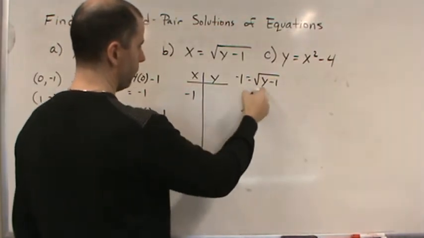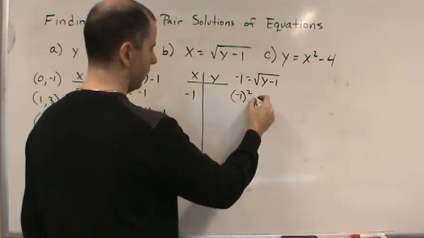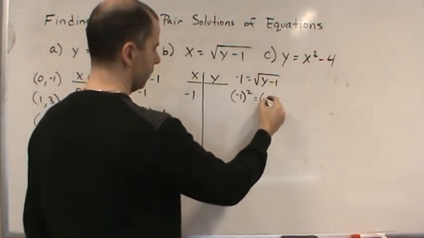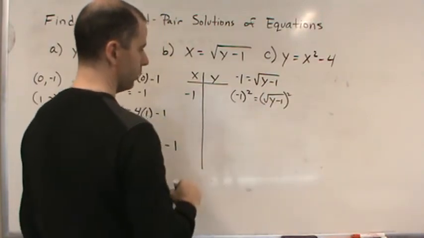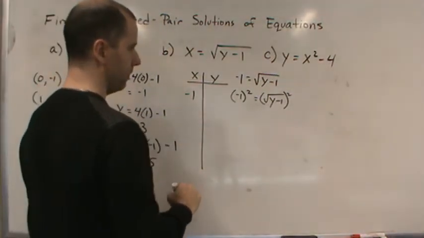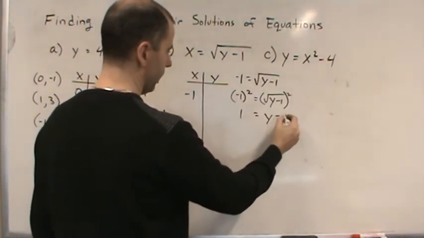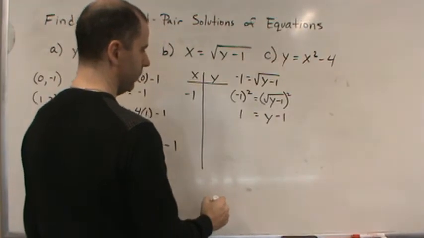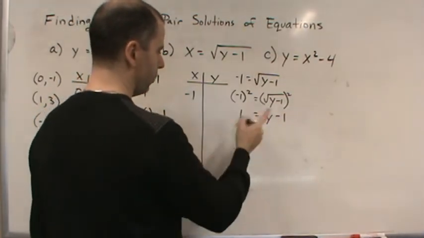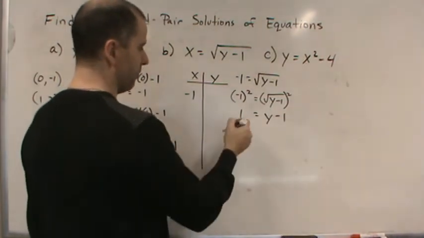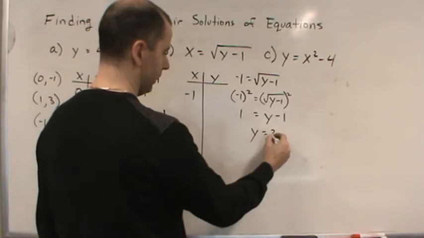And so if we square both sides, we get negative 1 squared equals the square root of y minus 1 squared. And so this becomes 1 equals y minus 1, right? And so now we're squaring both sides, so we don't have to worry about plus minus. And so now if we add 1 to both sides, we get y equals 2.